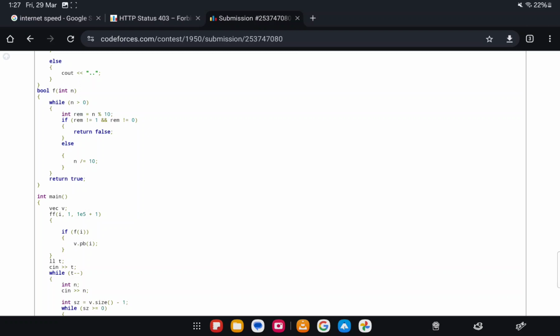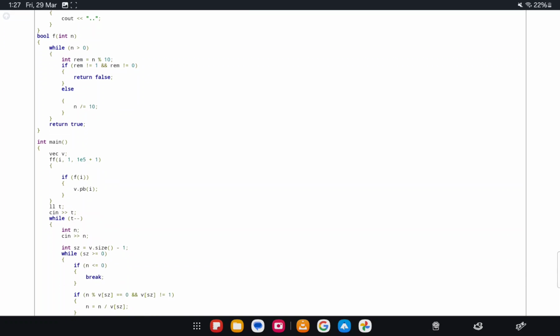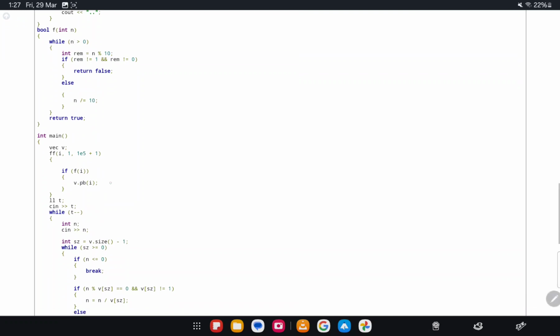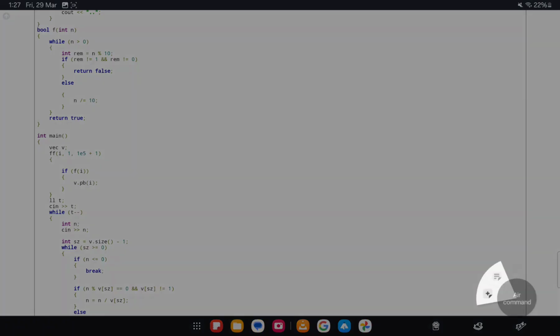So we'll just return false if we get any remainder other than 0 or 1. If it is not, then we'll keep dividing the numbers and keep iterating, and if it is in the range of 1 to 1e5, then take it into the vector. So basically this part of the code signifies that only.